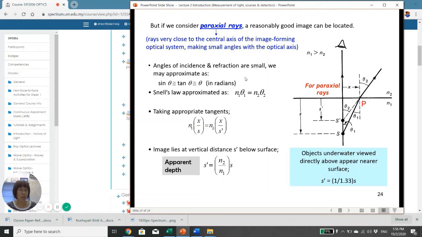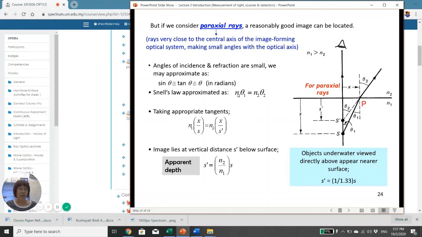To a first approximation, we can take the sine of the angle to be almost equal to the tangent of the angle, or almost equal to the angle itself if we use radians as the unit. So from Snell's law, we can approximate it to n1 θ1 equals n2 θ2.